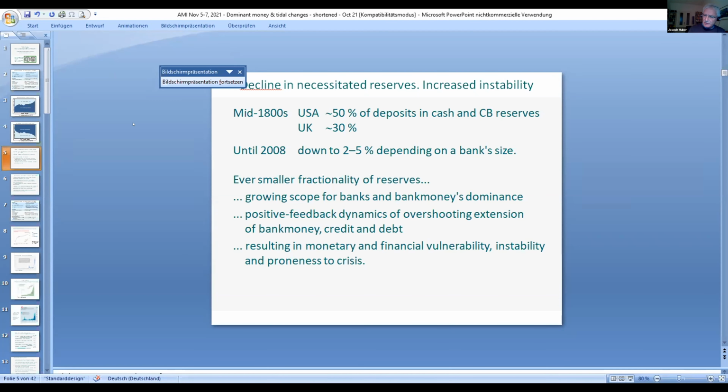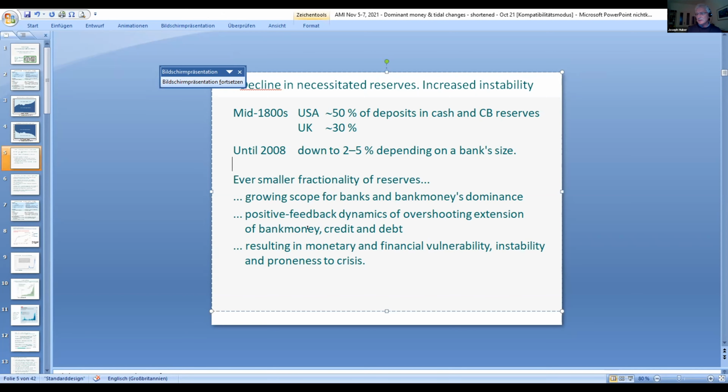And so that's an extreme form of fractional reserve banking, and that has meant growing scope for banks and the bank money's dominance, and these excess dynamics of the overshooting extension of bank money, credit, and debt, which is under no control anymore.